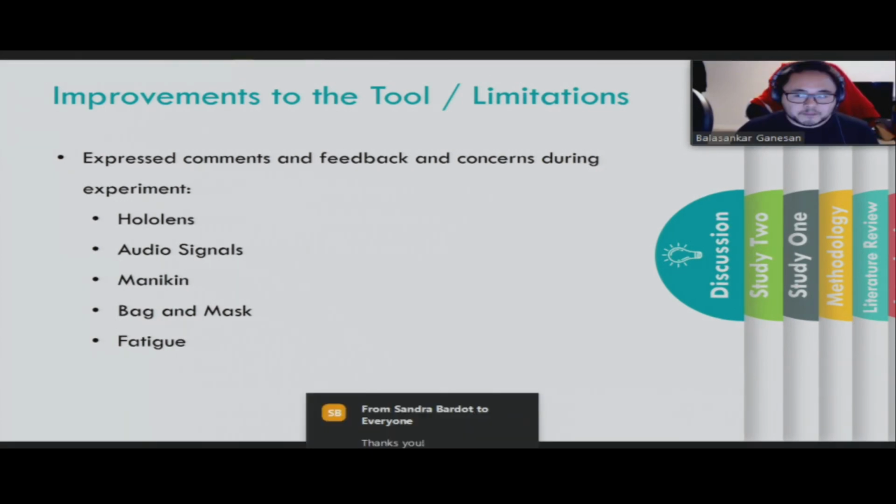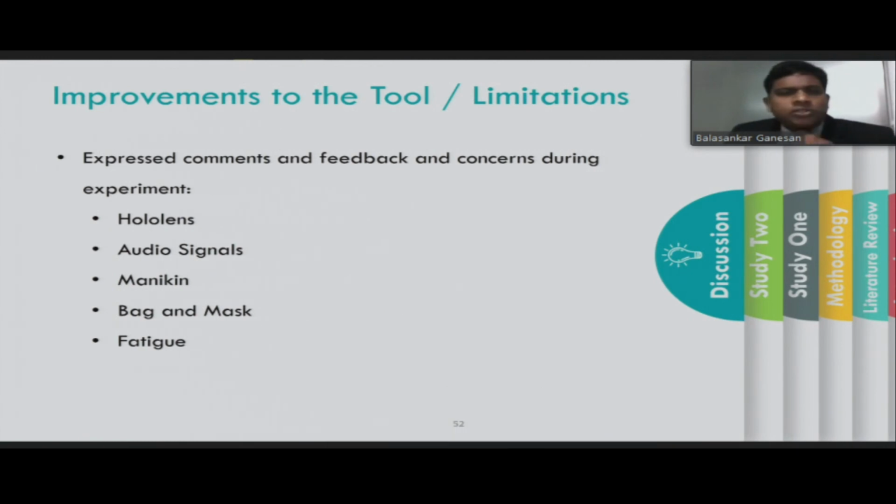Yeah, I have one question for you. Sure. Before starting the experiment, did the non-health professionals receive any training? Yes, of course.